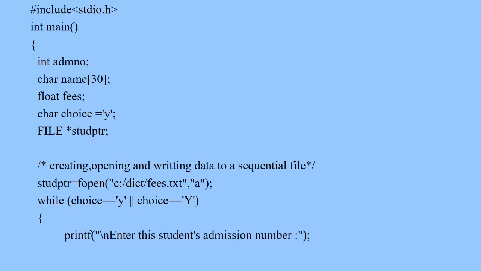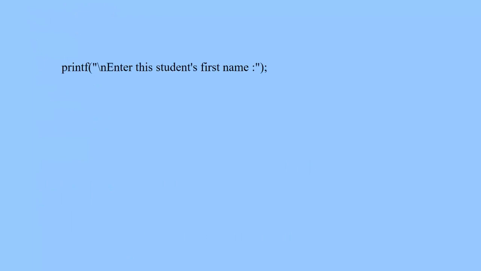Display the message, enter this student's admission number. Then read the admission number and store it in the memory location called admission number. Then display the next statement, enter this student's first name. Read that student's name and store that name in the memory location set aside called name.